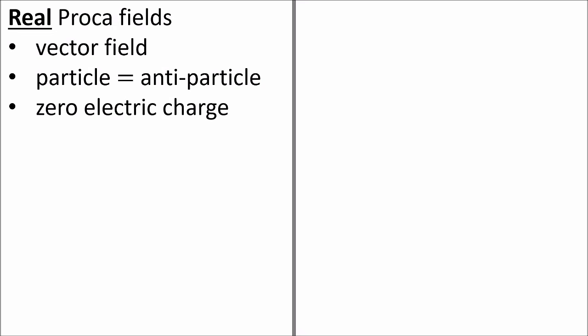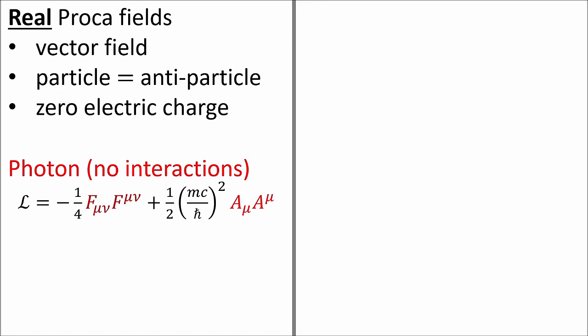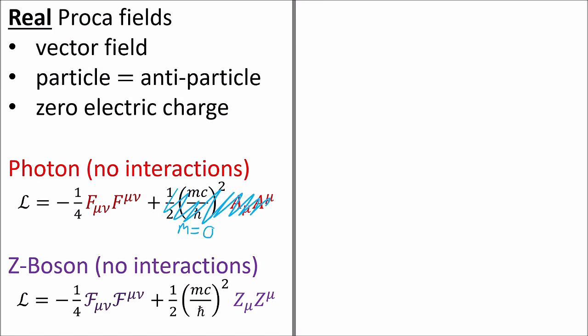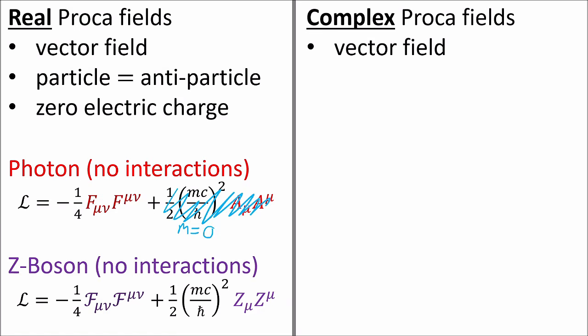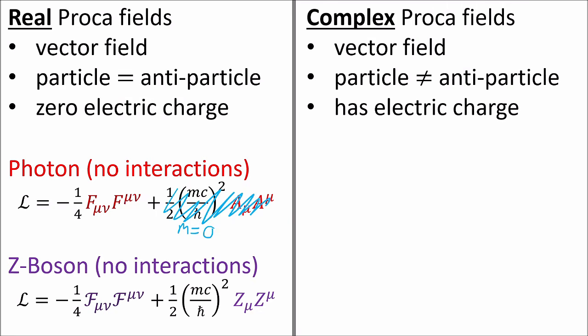So when it comes to real Proca fields, these are for vector particles that are their own antiparticle and have 0 electric charge. This describes the photon, which has 0 mass, and the Z boson, involved in the weak interaction. Complex Proca fields are for vector particles where the particle and antiparticle fields are distinct, and the particles do have electric charge.